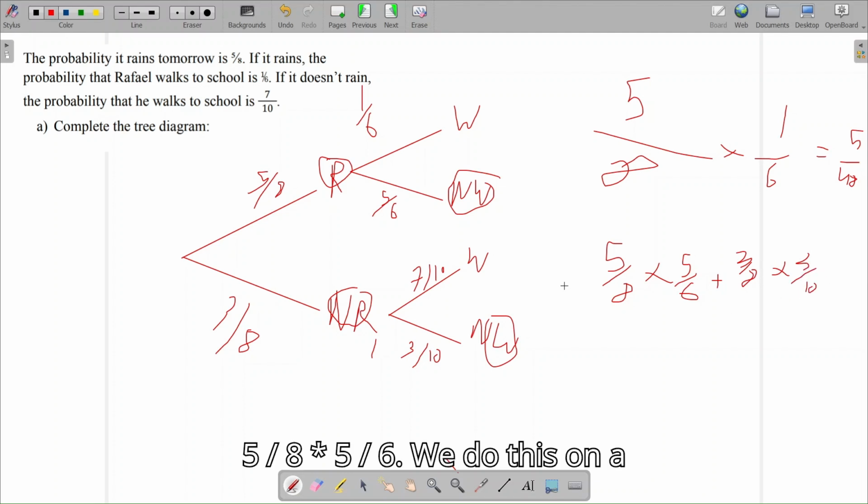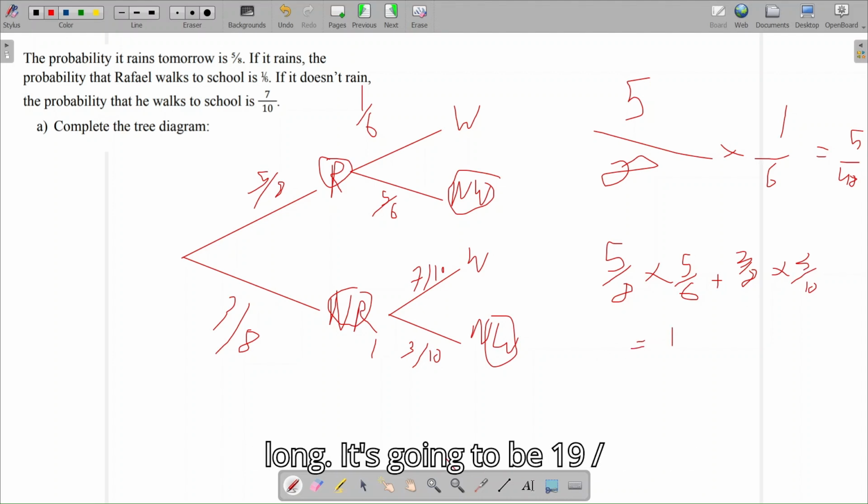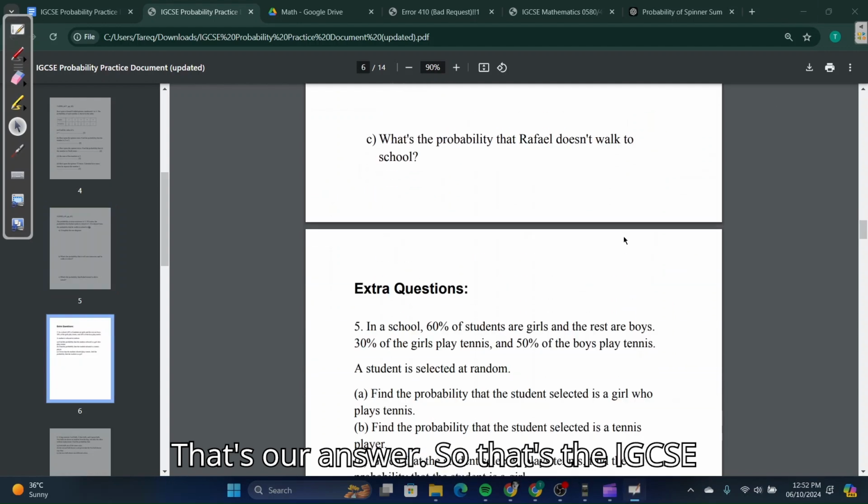We do this on a calculator. It's going to be 19 over 30. That's our answer. So that's the IGCSE questions done.